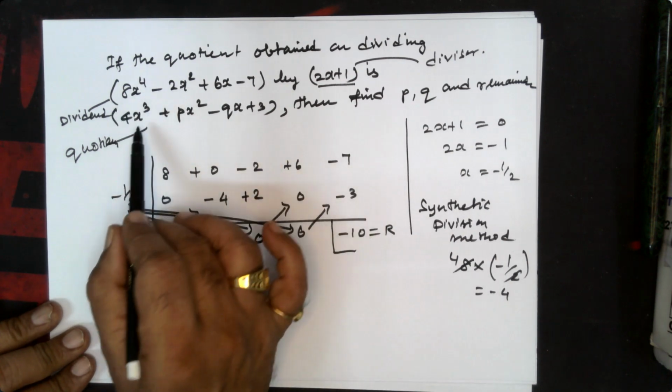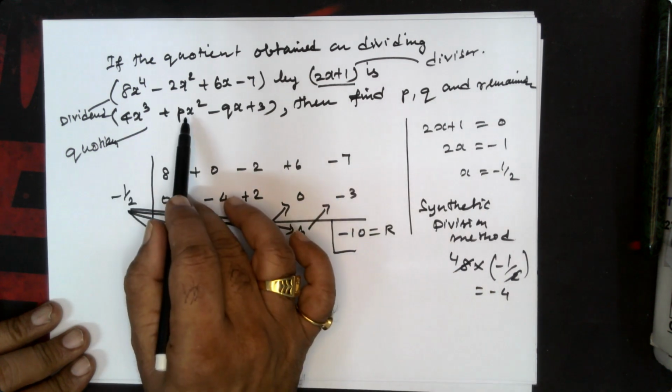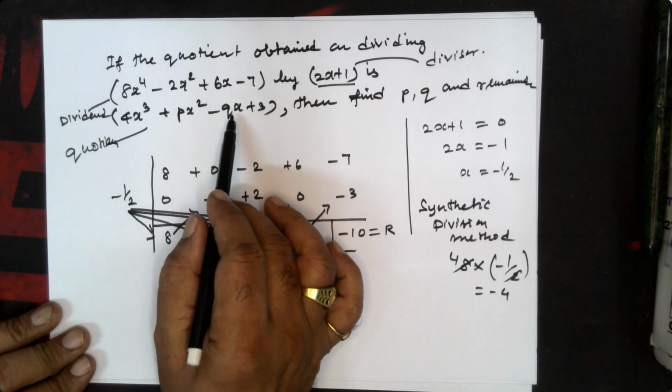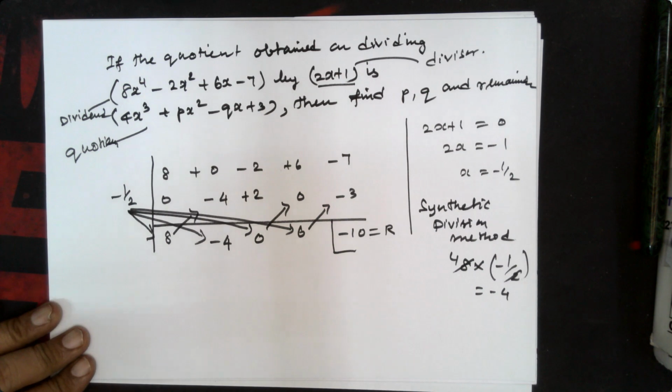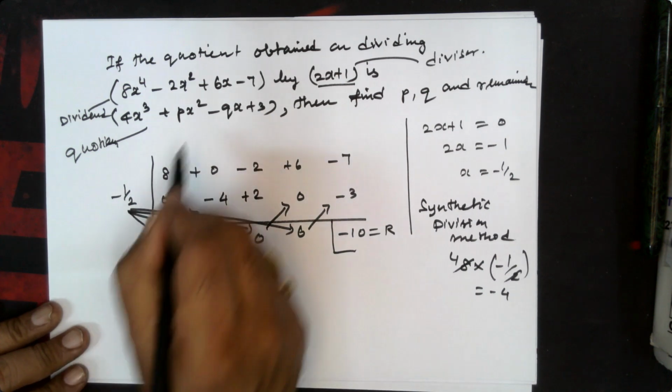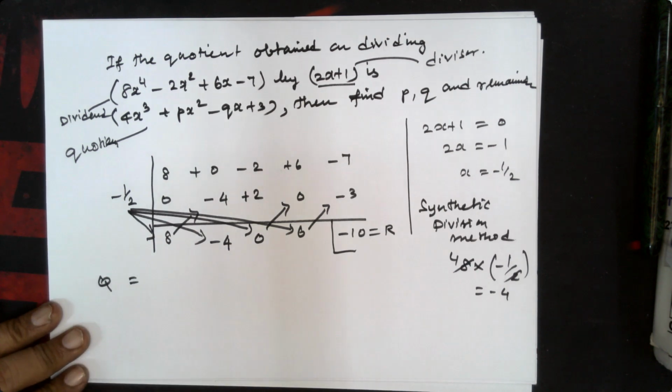And the quotient is already declared here. What is the quotient? 4x cube, and then px squared, and then minus qx plus 3. So we can put q as the quotient.